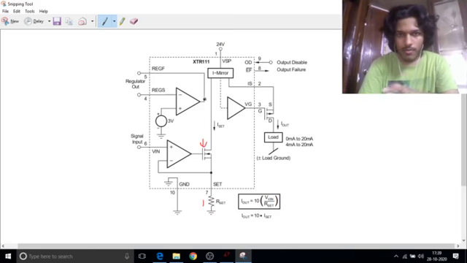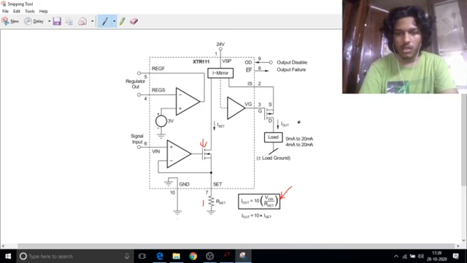And we find the value of IO to be equal to 10 Vin by R set. So it is independent of any other resistance and only depends on the input voltage and the external resistance R set.